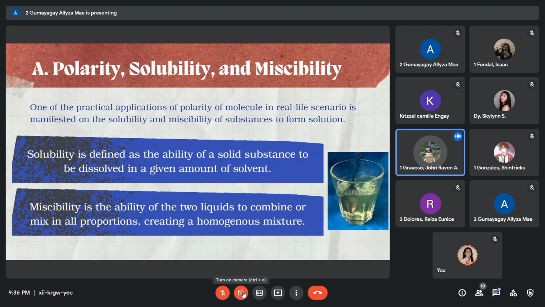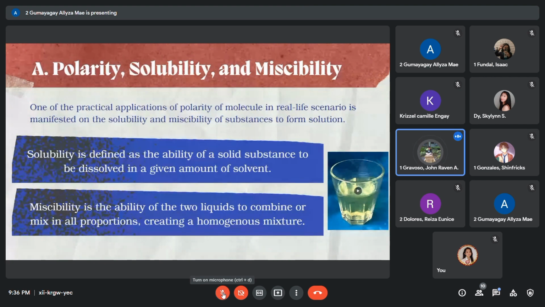For the first part: polarity, solubility, and miscibility. One of the practical applications of the polarity of molecules in a real-life scenario is manifested in the solubility and miscibility of a substance to form a solution. So, what is solubility, you ask? Solubility is defined as the ability of a solid substance to be dissolved in a given amount of solvent.